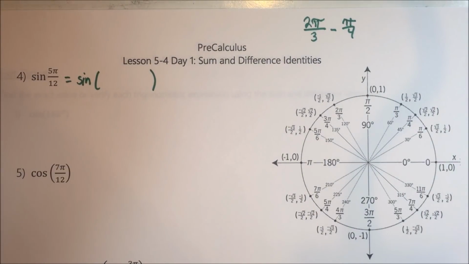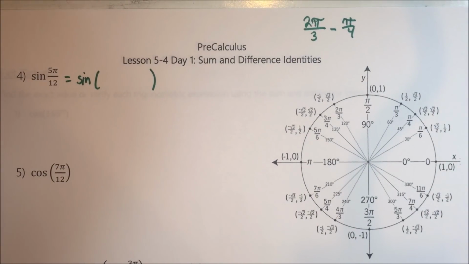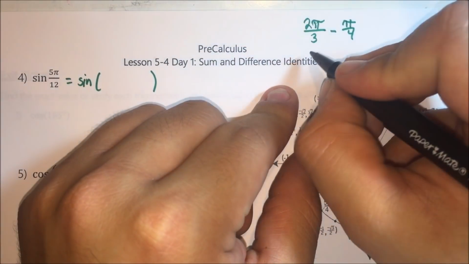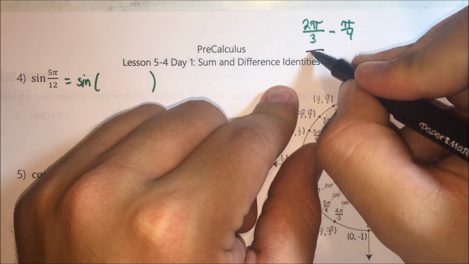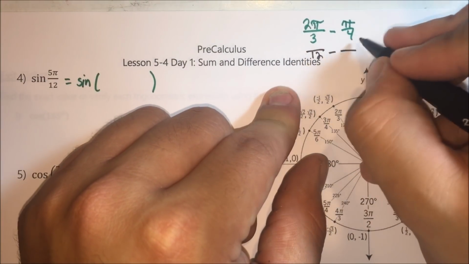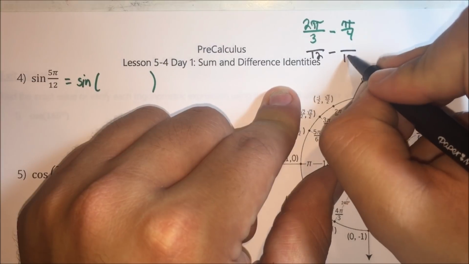Well, again, to subtract these, we're going to need a common denominator. And to get a common denominator here, the bottom probably is going to be 12, because the common multiple of 3 and 4 is 12.